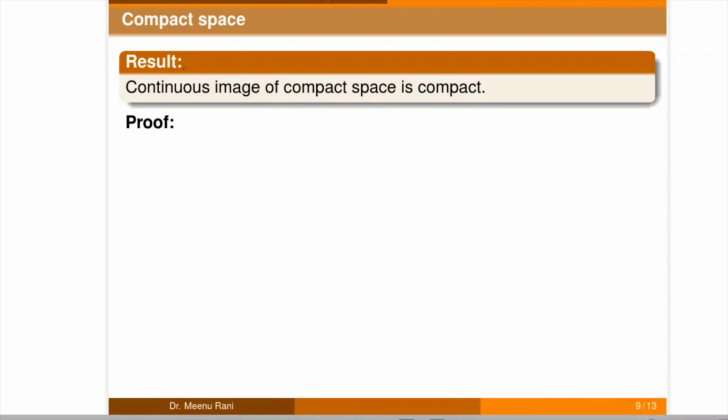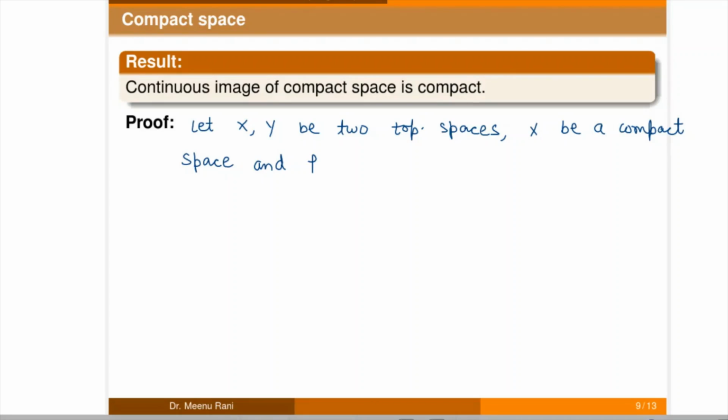Now the next result: the continuous image of a compact space is compact. For the proof, let X and Y be two topological spaces in which we take X to be a compact space, and also we take a function f from X to Y which is a continuous function.